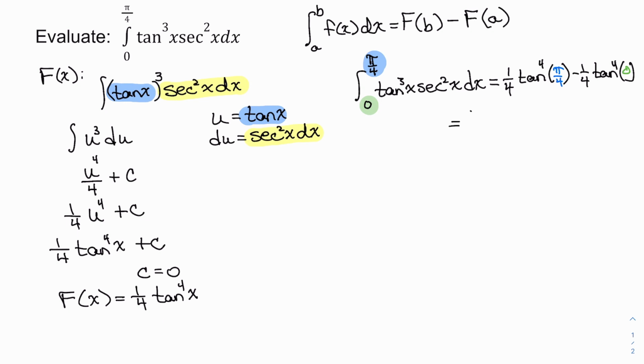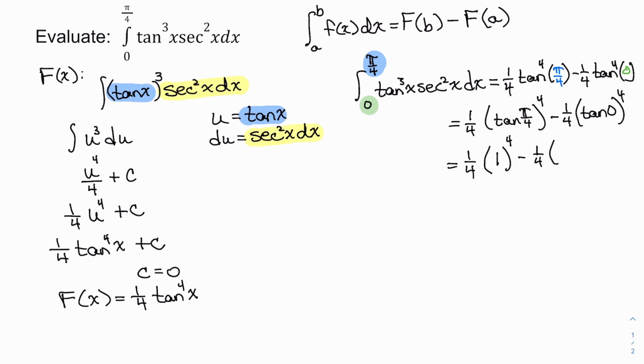Now again, remember that power 4 means we have 1/4 times the tangent of pi over 4 to the 4th power minus 1/4 the tangent of 0 to the power 4. And then simplifying this, the tangent of pi over 4 is 1, and I'm raising that to the 4th power, minus 1/4 times the tangent of 0, which is 0.